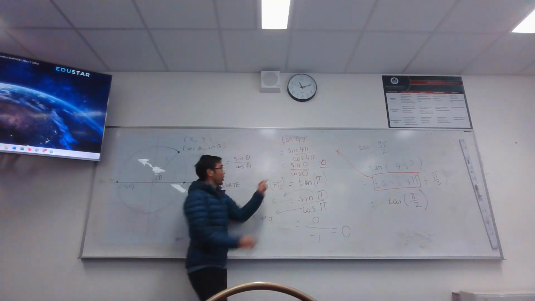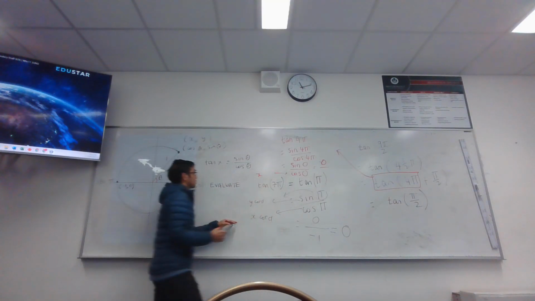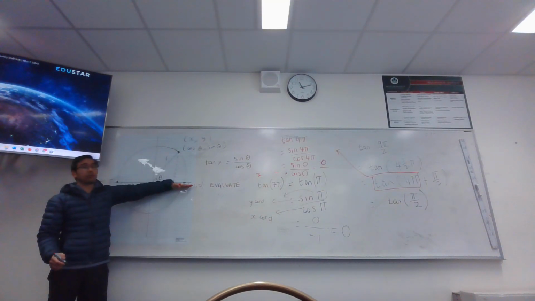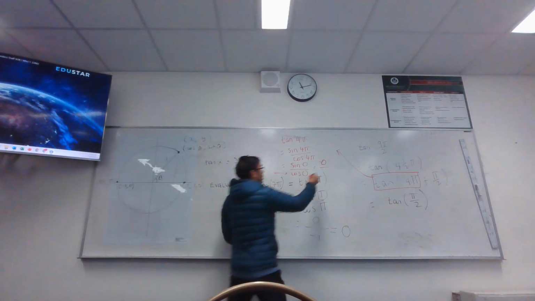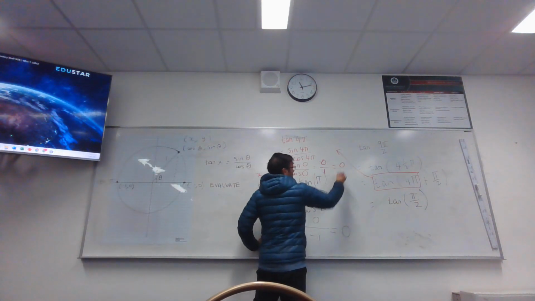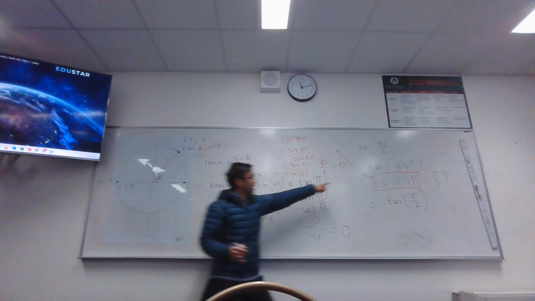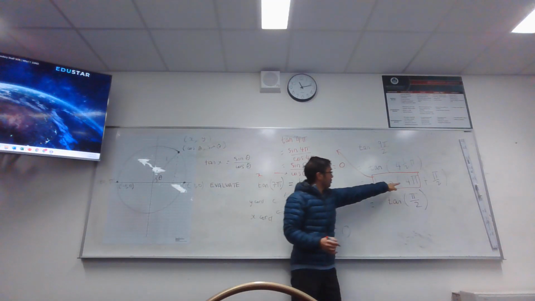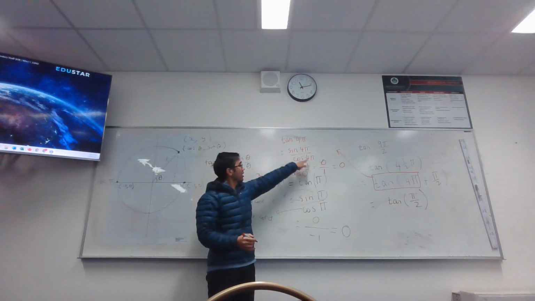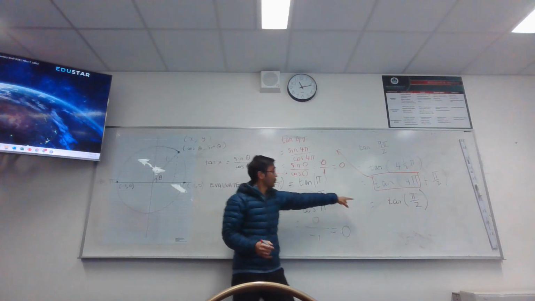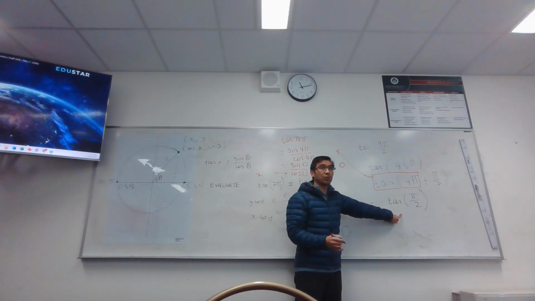And remember the cosine is the x coordinate at angle 0. The x coordinate's 1, and once again that disappears. So why did that 4 pi disappear? Because when I evaluate it, it's a 0. So we're still left with a pi on 2.